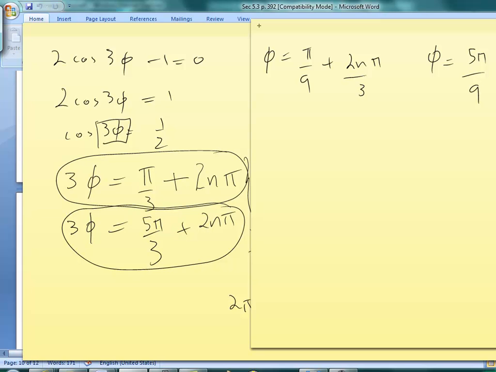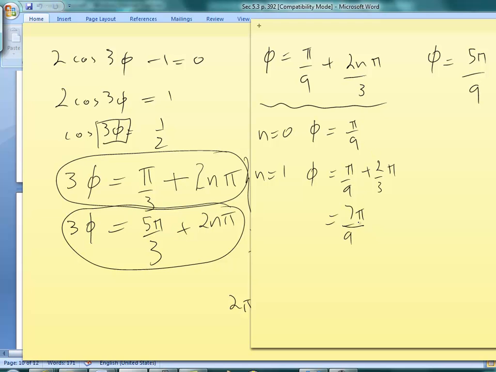Next I need to take this set and set n equals 0. Then I get phi equal to pi over 9. I set n equals 1, and get phi equal to pi over 9 plus 2 over 3 pi. You know your fractions, so this becomes 7 over 9 times pi, or 7 pi over 9. I still haven't gone beyond 2 pi. So what am I adding every time?